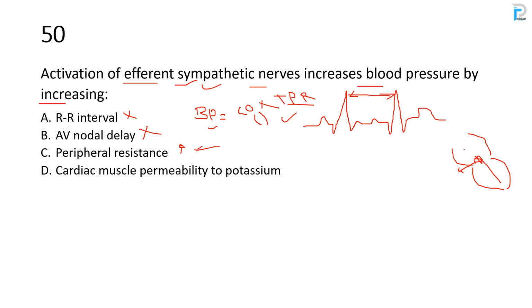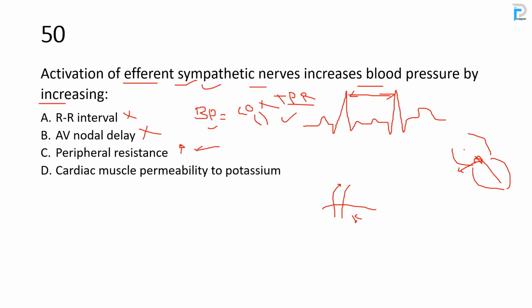Option D is also wrong because sympathetic increases heart rate by decreasing the permeability of the muscle to potassium, not increasing it. Normally we have more potassium inside the cells compared with outside. So if the permeability increases, potassium will go out by the concentration gradient.